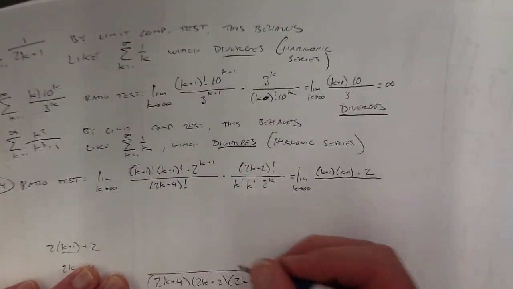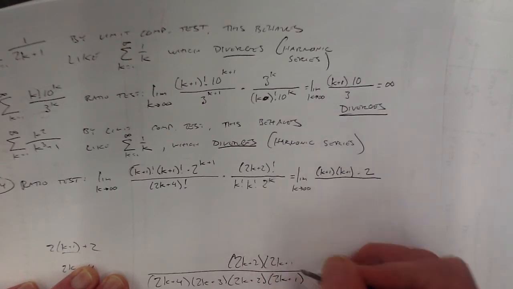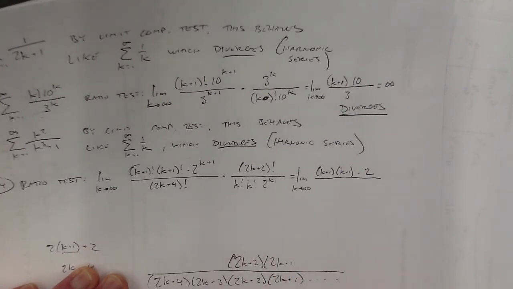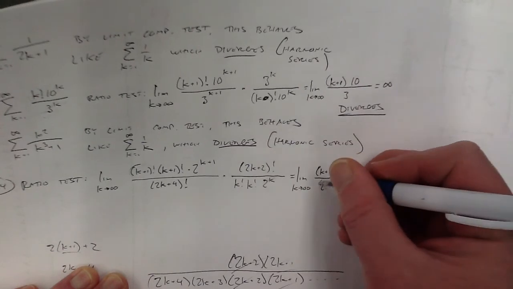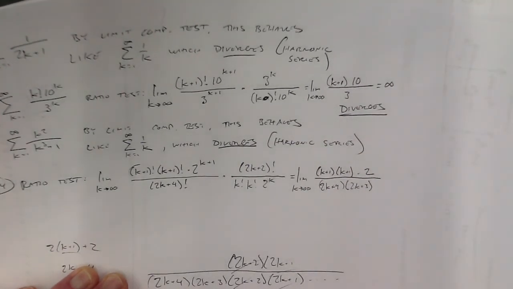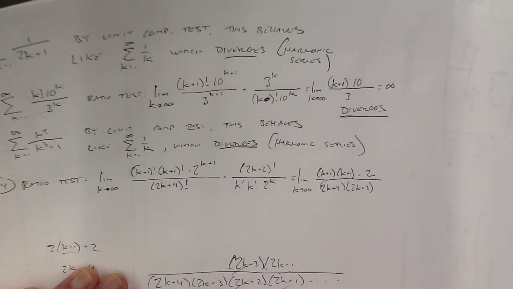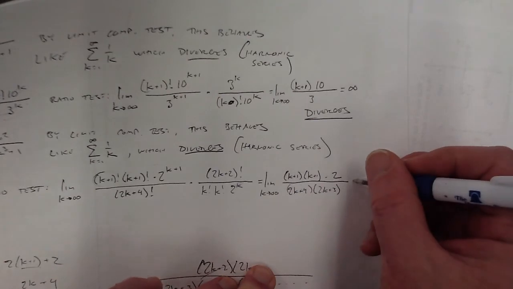And 2k plus 2 starts here. So these two things are left behind after we do all the canceling. So I've got 2k plus 4 and 2k plus 3 on the bottom. And that is all the canceling out we can do.